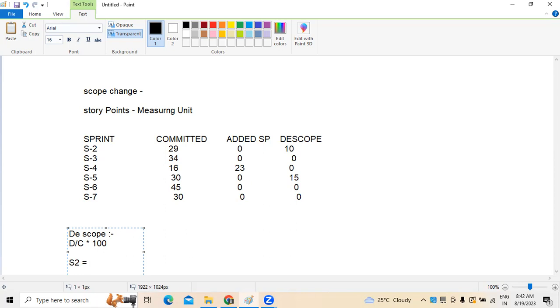10 divided by whatever is committed, 29, multiplied with 100. So how much is it?